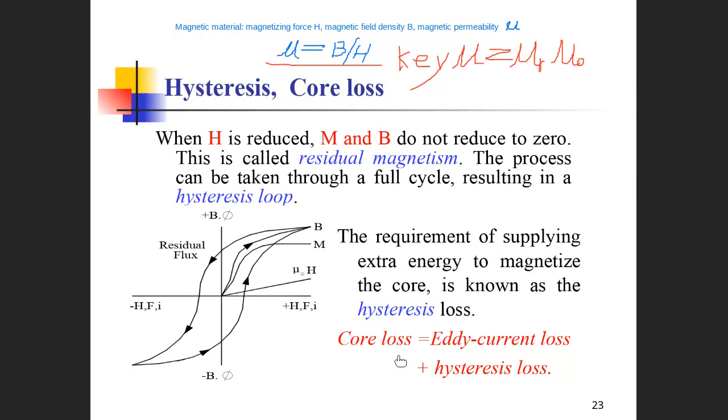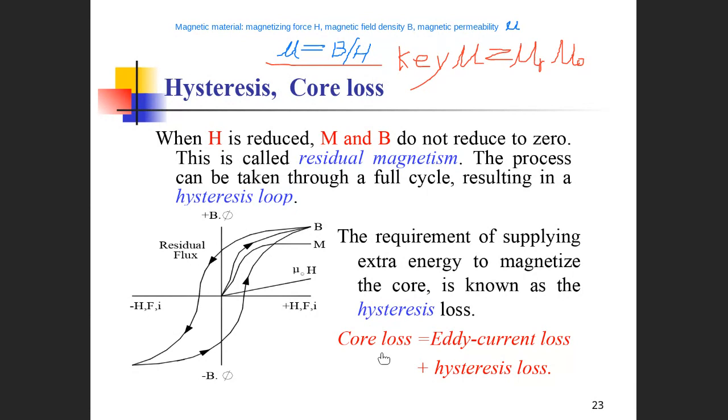So this kind of current causes energy losses. That's the eddy current losses. Hysteresis loss also, because the current and magnetic field do not change in the same way. So there is a so-called energy loss. Together, these are the core losses.